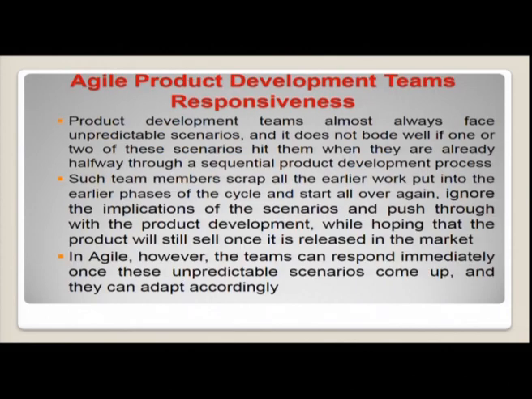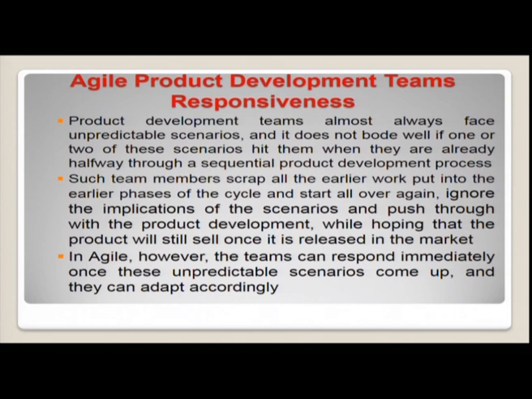So as we go, we will be seeing about the Agile product development team's responsiveness. Product development teams almost always face unpredictable scenarios, and it does not bode well if one or two of the scenarios hit them when they are already halfway through a sequential product development process.